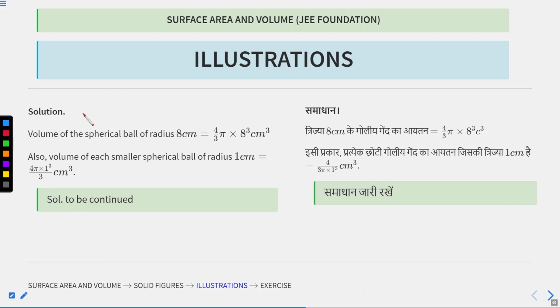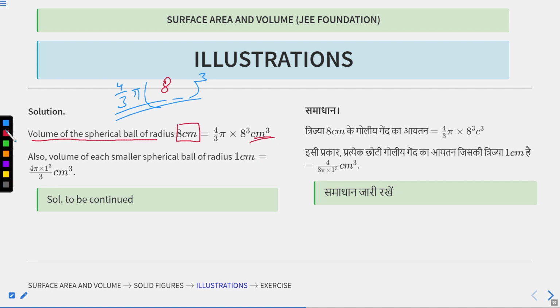The volume for a sphere, if you recall, is 4/3 pi r cube. So the volume for the red spherical ball of radius 8 is, just apply 8 here, and we get our volume in centimeter cube.